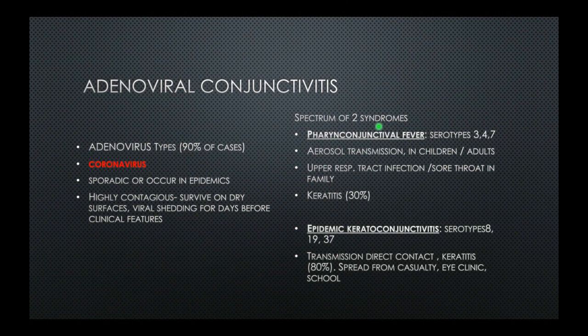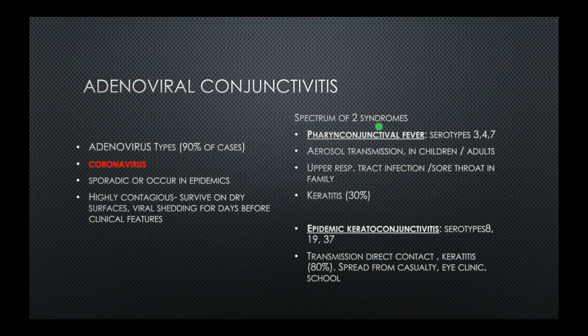pharyngoconjunctival fever, it's because of the serotypes 3, 4, and 7, and you tend to have a lot of aerosol transmission found in children and adults. These patients will tend to have a conjunctivitis as well as an upper respiratory tract infection, or they can complain of a sore throat. When you look into their eye, you'll see all the signs of conjunctival disease.